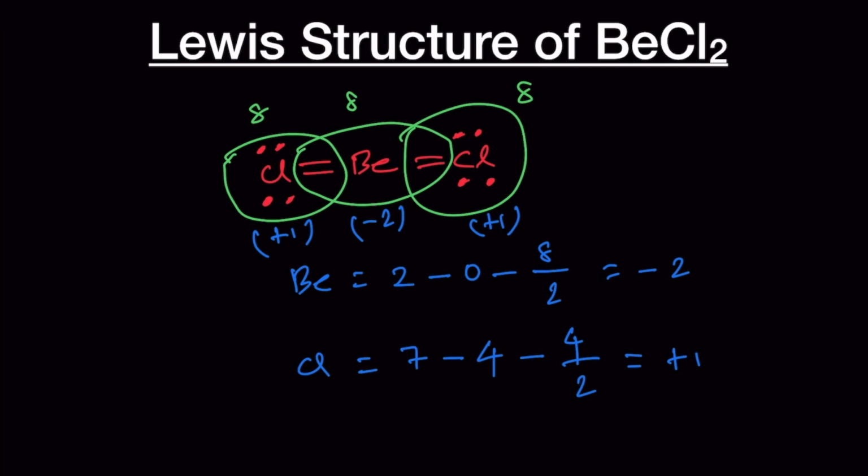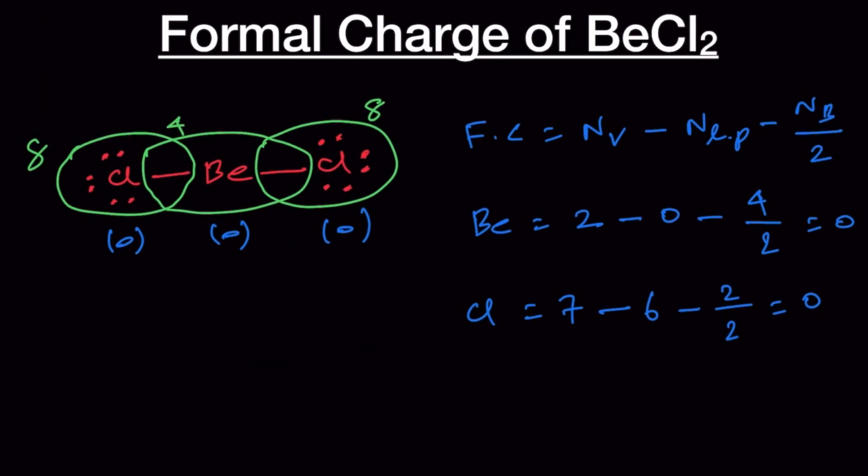Likewise, beryllium is an electropositive atom, and putting a minus 2 formal charge on it is not the best way to represent a Lewis structure. Therefore, the structure that we wrote before is the best Lewis structure, and beryllium chloride is an exception to the octet rule.